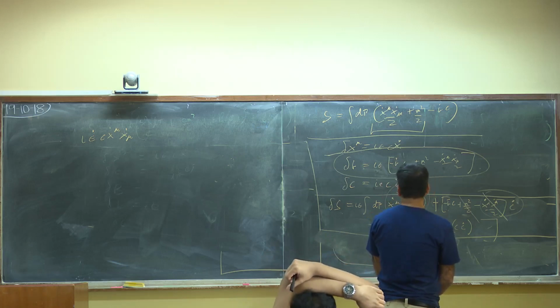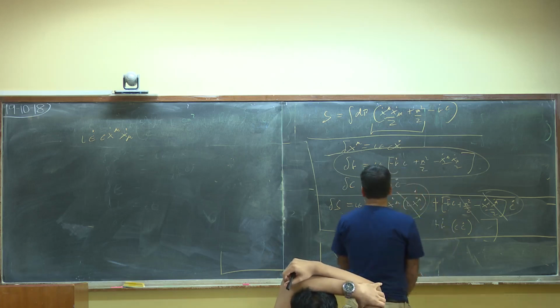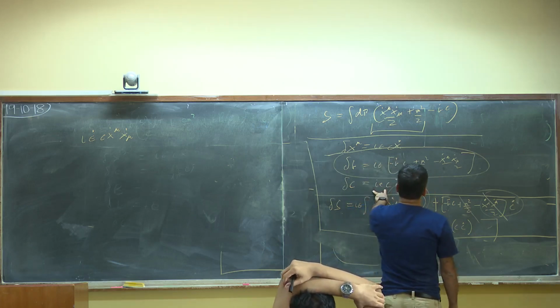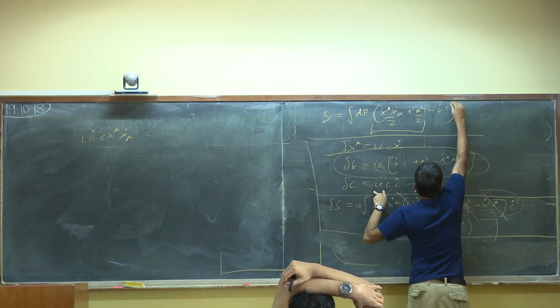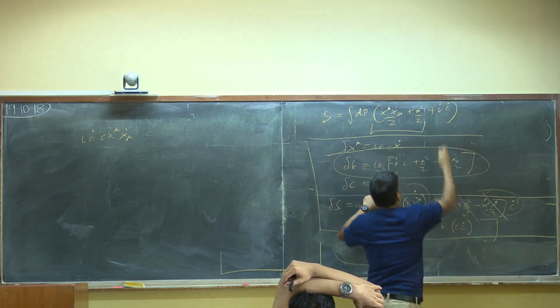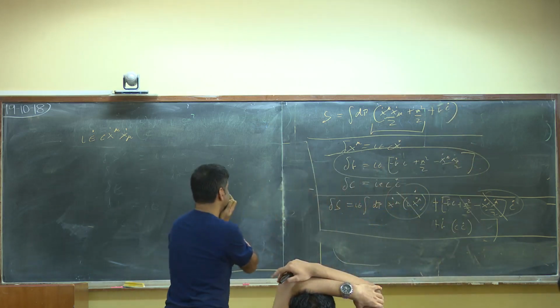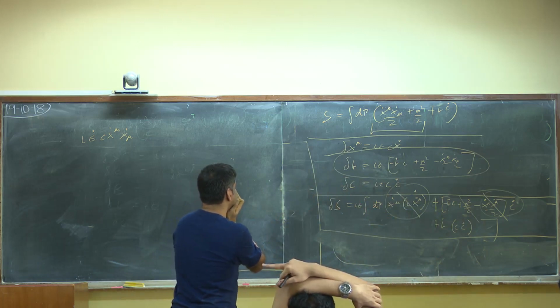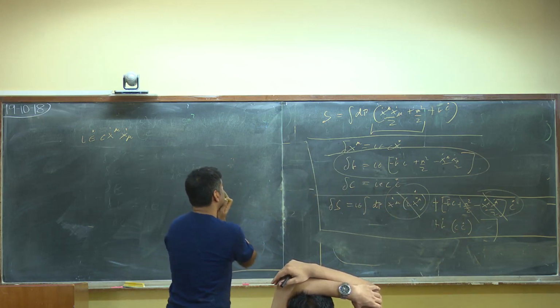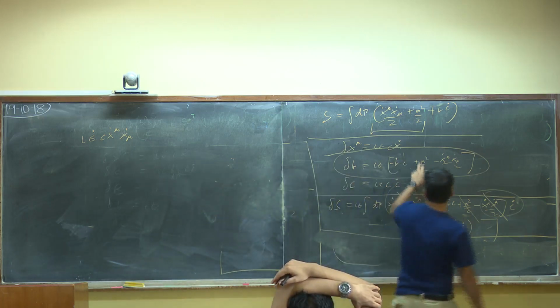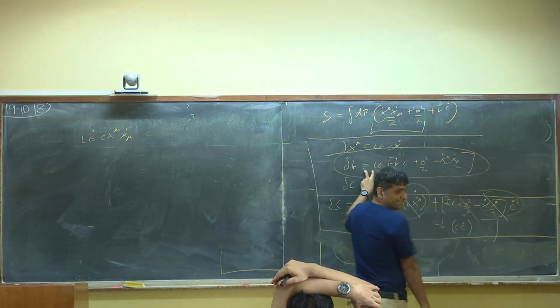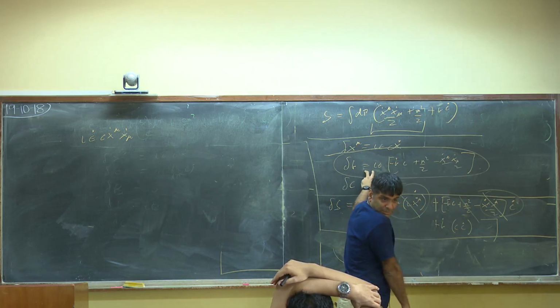So let us write this whole thing. Let's take the C term first. So now we have a choice. How are we going to write it? So let's write it like this. Okay, so if we write it like this, then in the variation in B, there was no epsilon dot, just epsilon.